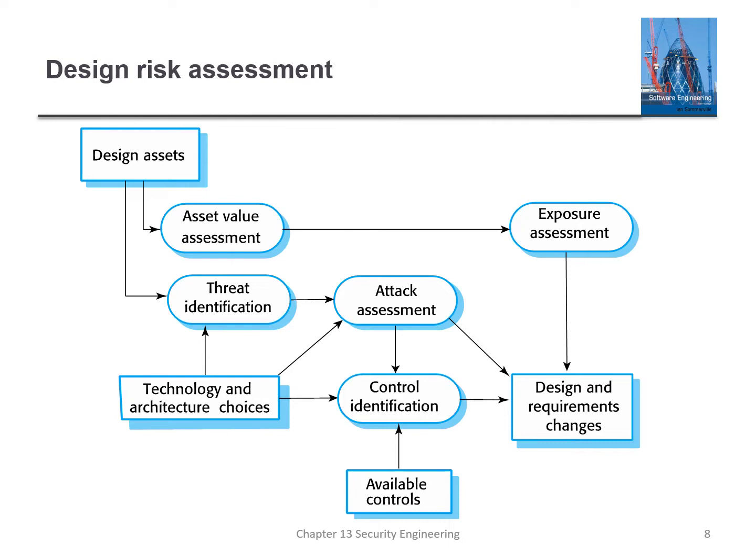Okay, we need to identify what assets are related to design. Okay, so we need to decide the value, and if it happens, what potential harm can happen, and we need to identify threats related to design. At this point of time we have more information, so we know what kind of technology might be available out there, and also potential architecture that can be adopted in the system.